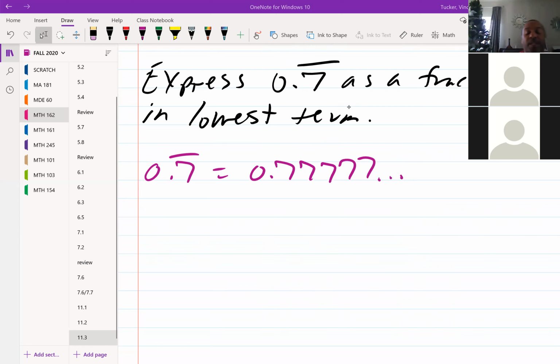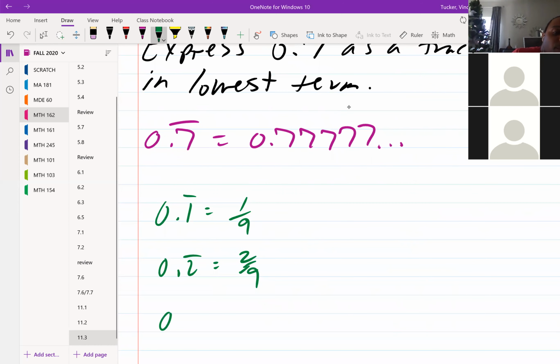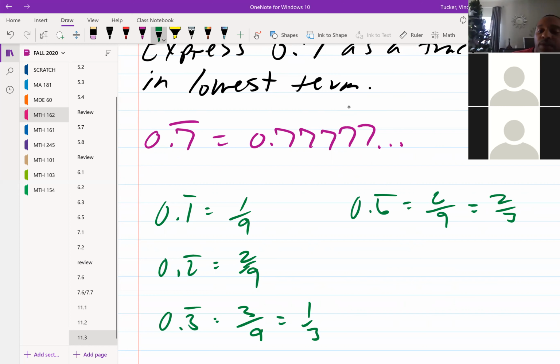Whenever you have a repeat, now this only works for single digits. 0.1 repeated is just 1 over 9. 0.2 repeated is 2 over 9, and keep on with the same pattern. 0.3 repeated is 3 over 9, which is 1/3. 0.6 repeated is 6 over 9, which is 2/3.